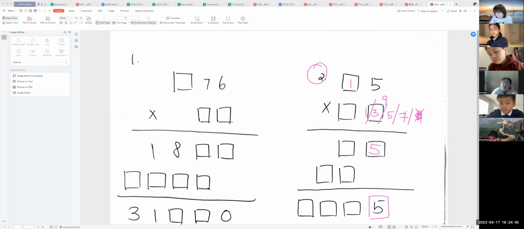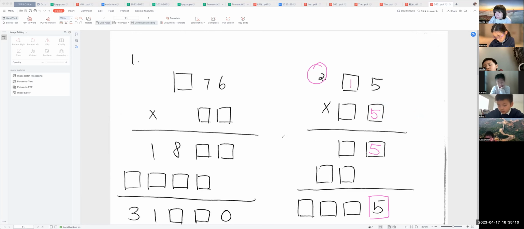That also cannot be right because 7 times 15 is 100, but it's also not right. So that means for this number, we could only put 1, 3, and 5. Correct, everybody? Okay. So how about you start to try the different possibilities if it is 5?